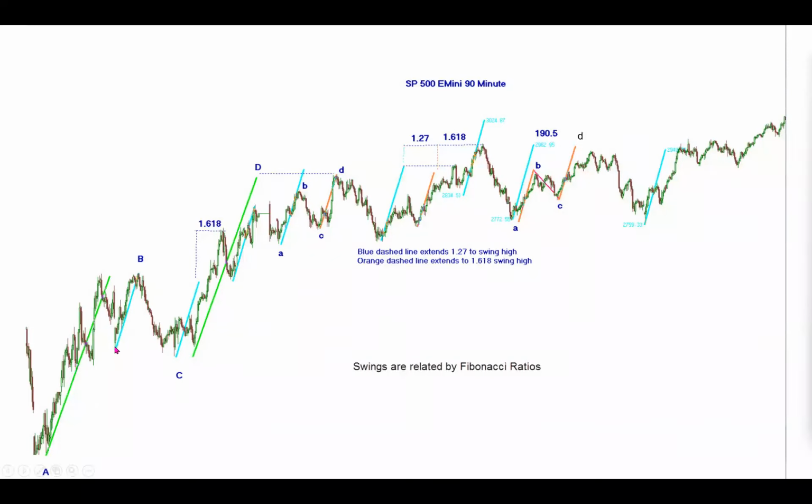So here's the blue one, so not quite the primary bigger one, but this blue swing that repeats. If we set it down over here on this swing, and if we add a 1.61 extension, so we're taking the length of this swing, we multiply it by 1.618, and we add it to the low of that swing, it brings it right up exactly to the high of that swing.